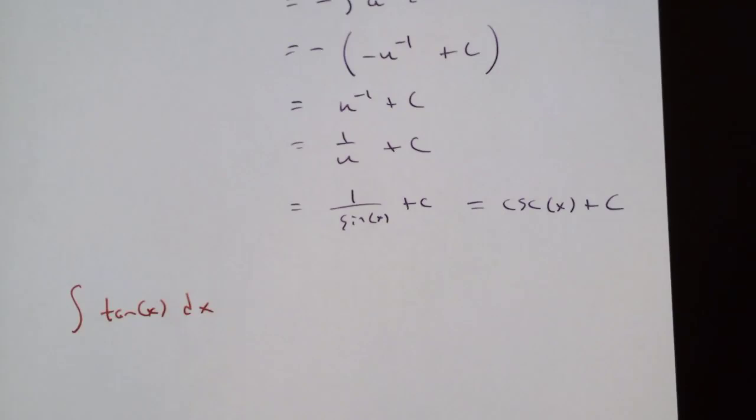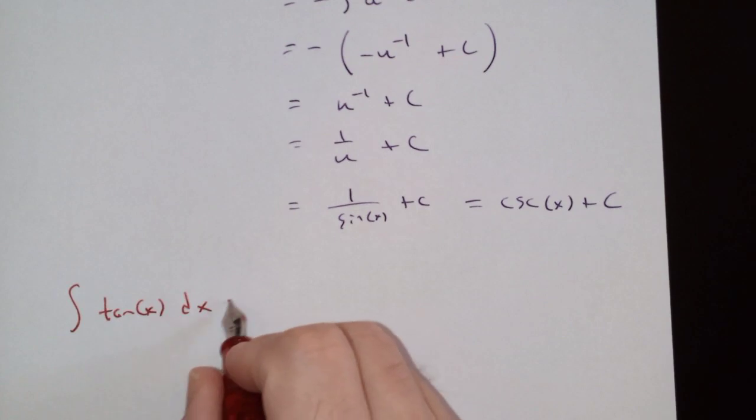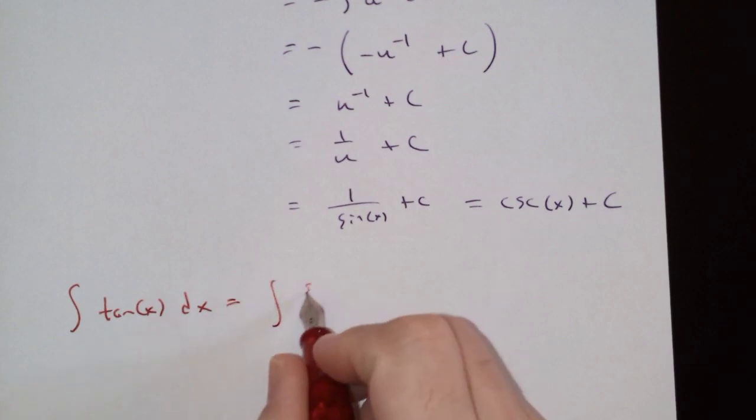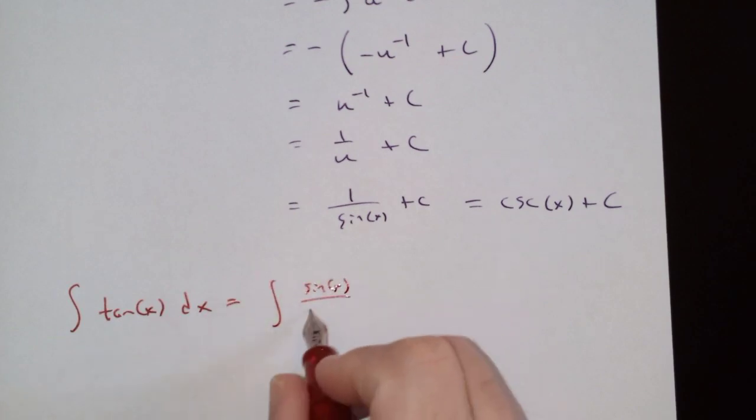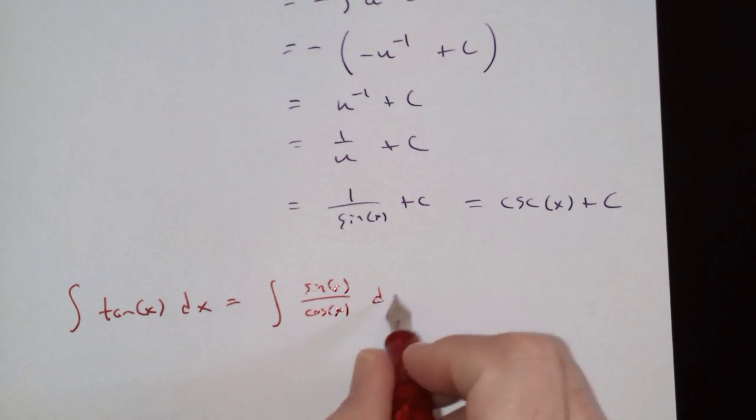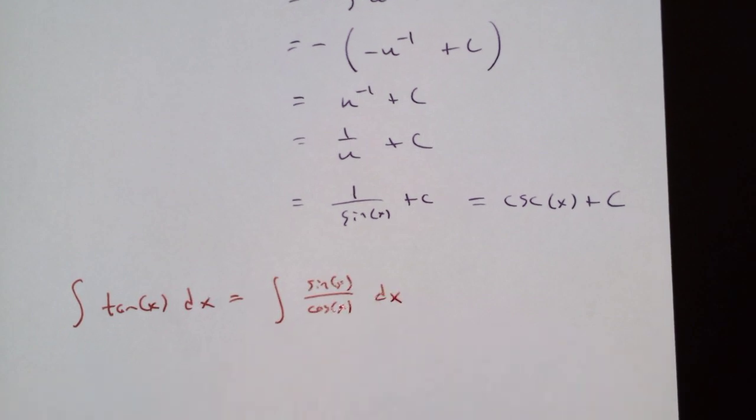Rather than flip a table, I'm going to do the same thing we just did. I'm going to rewrite this in sines and cosines. And I'll take the sine off the top.